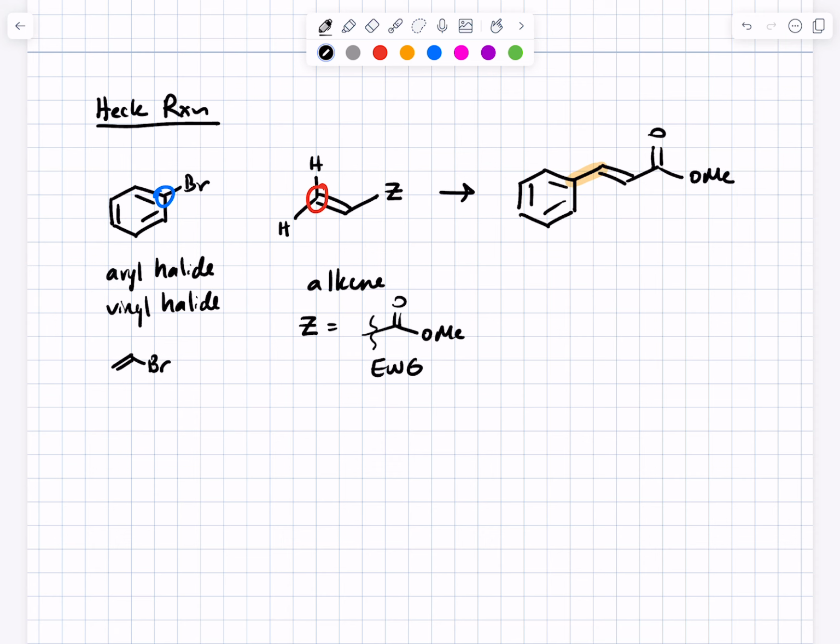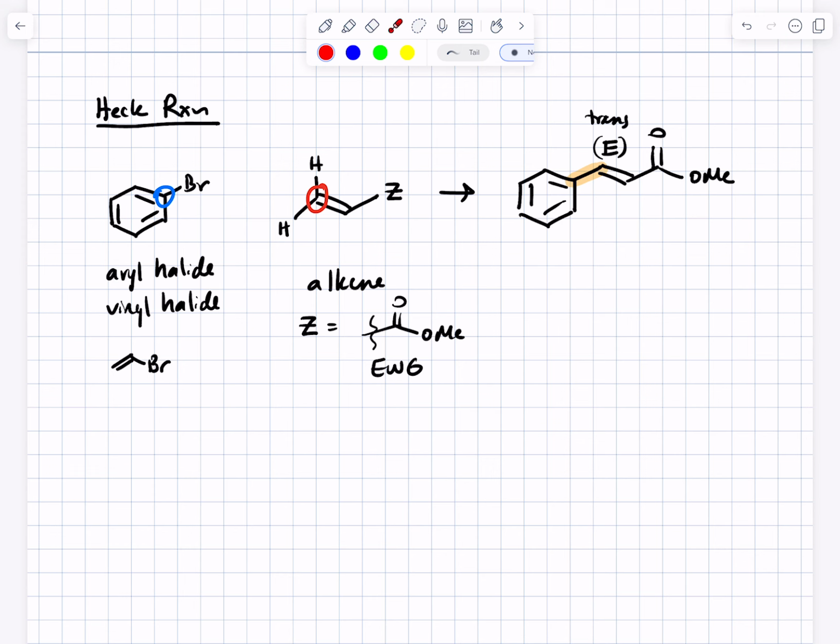And of course, there wasn't any stereochemistry to speak of on the alkene side of the equation, right? But the reaction is selective for E or trans stereochemistry of that alkene on the alkene side, okay?